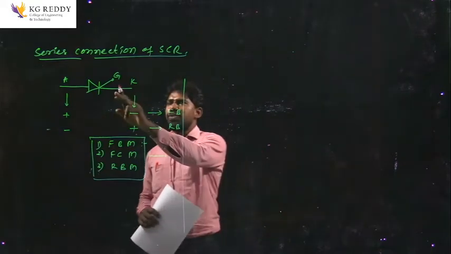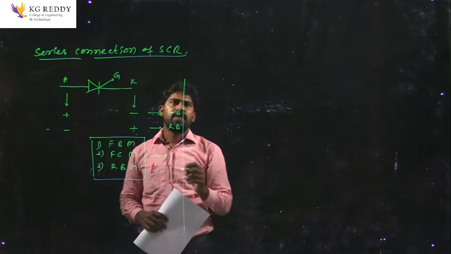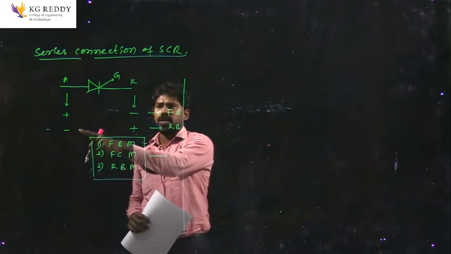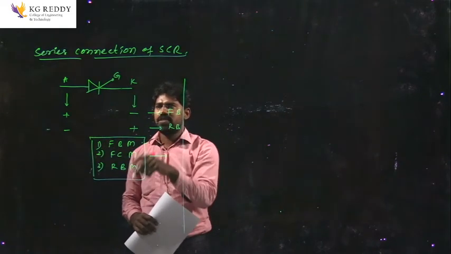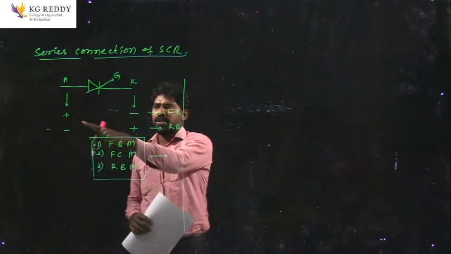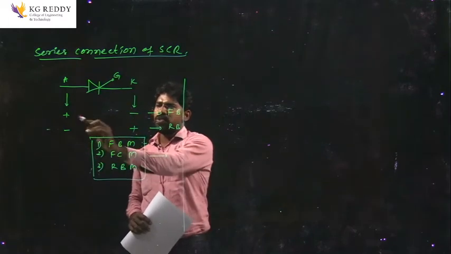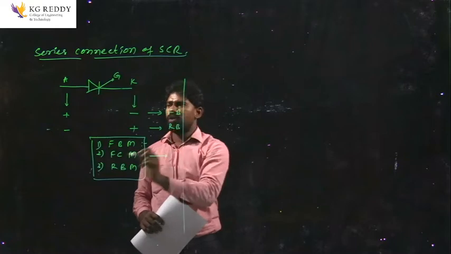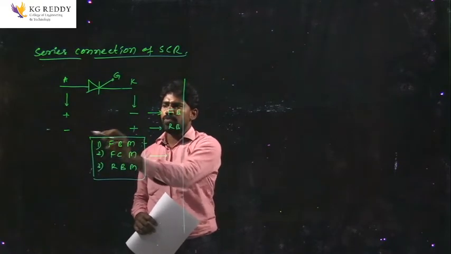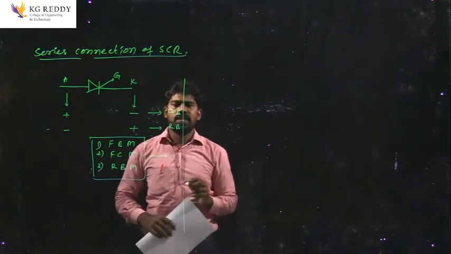So now we are going to connect the SCR in series. We already know the operation of SCR from previous lectures. When anode is positive with respect to cathode it is in forward bias, and when cathode is positive with respect to anode it is in reverse bias.